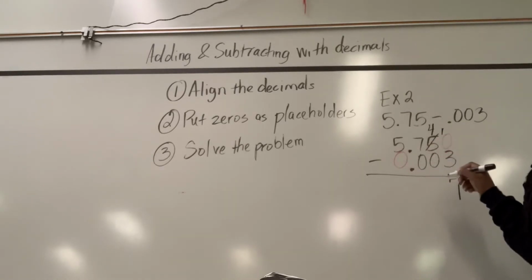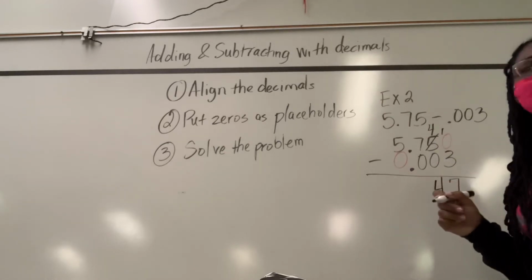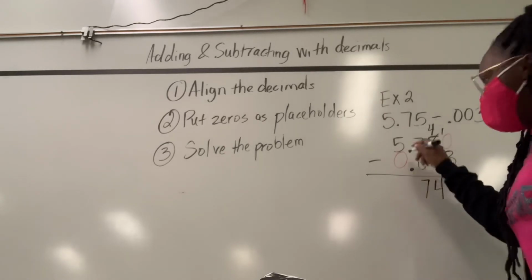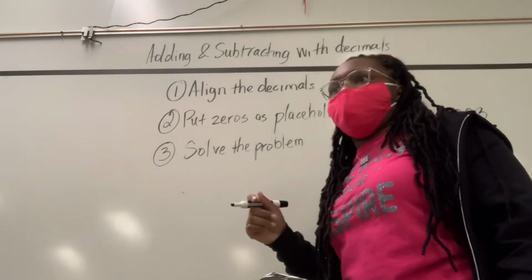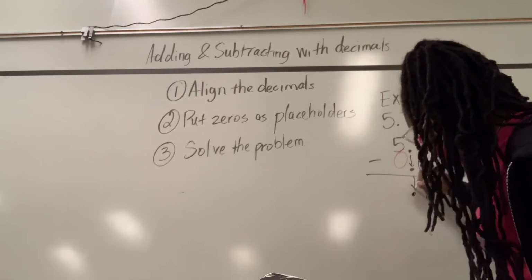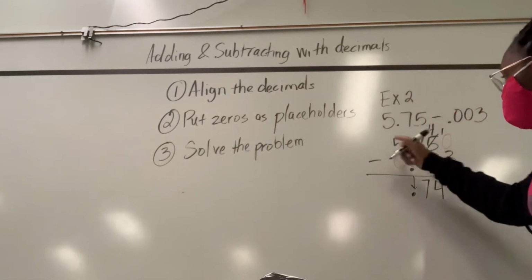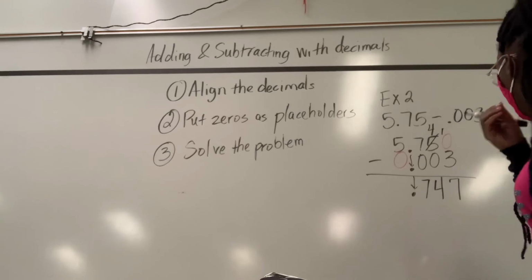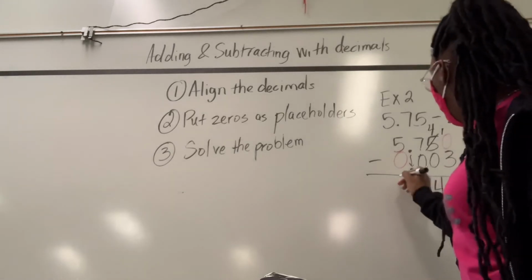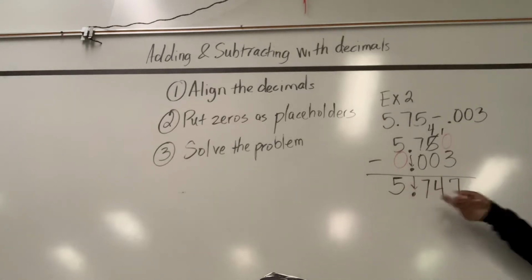What's 4 minus 0? 4. 7 minus 0? 7. I ran into a decimal. What do I do with it? Just bring it on down, right? Because that's a part of our alignment. And then 5 minus 0? 5. Does everybody see what we just did?